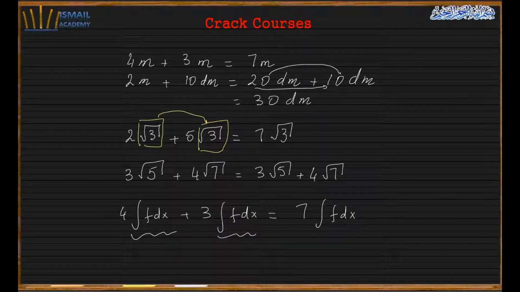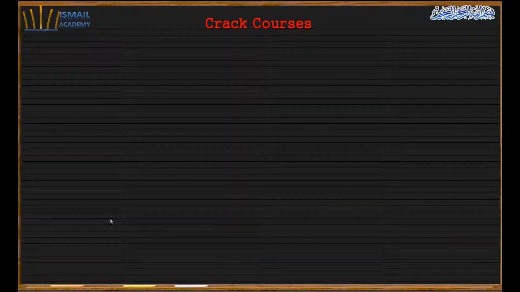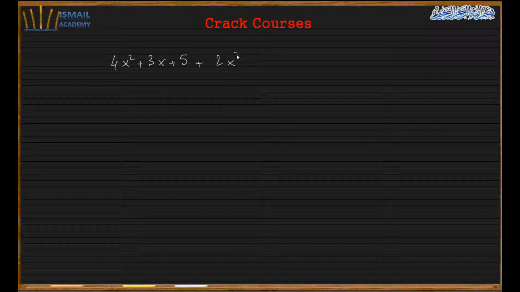I will go with the last example. Suppose I want to add those two. So for example, I have x squared plus 3x plus 5, plus 2x squared plus 4x plus, for example, 9. So here I want to add those two.